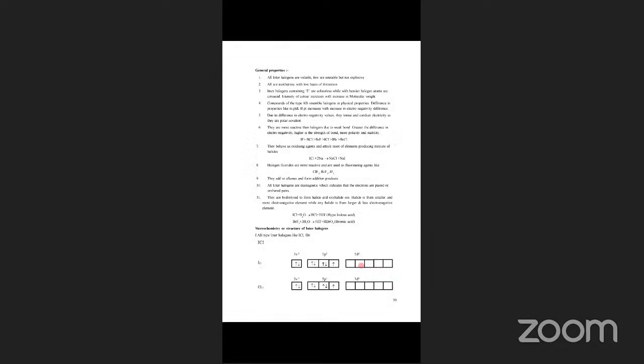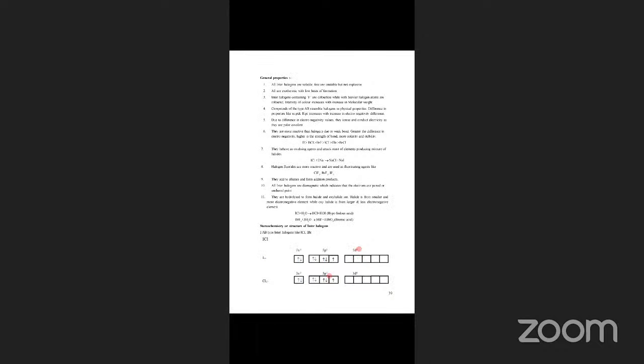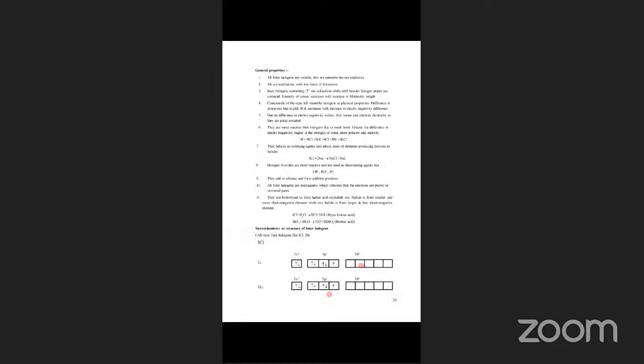Next, general properties. In the exam they ask what interhalogens are, and their preparation and classification: AB type, AB3, AB5, AB7. Now the general properties.